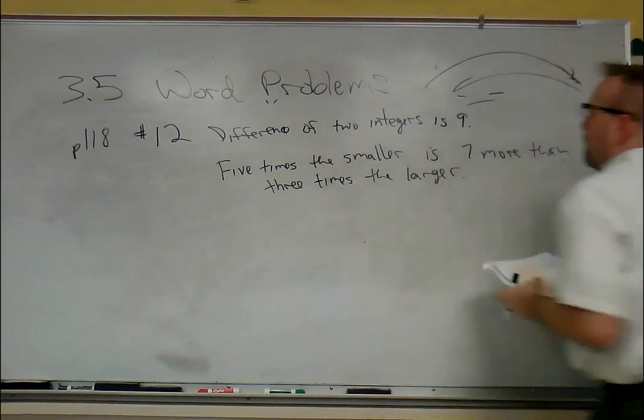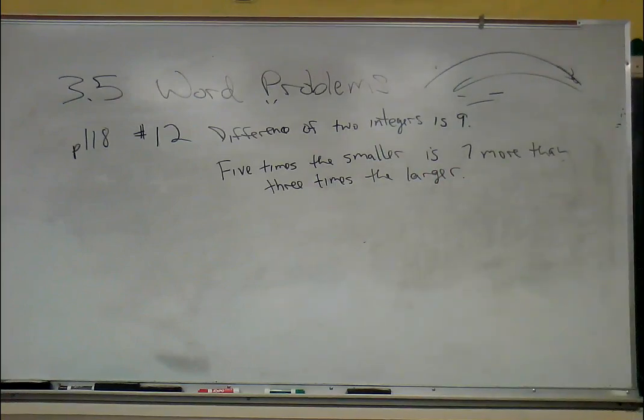So it says the difference of 2 integers is, excuse me, is 9. 5 times the smaller is 7 more than 3 times the larger.